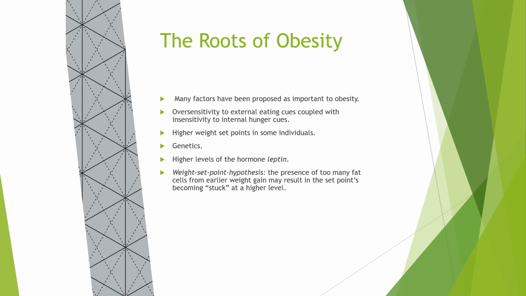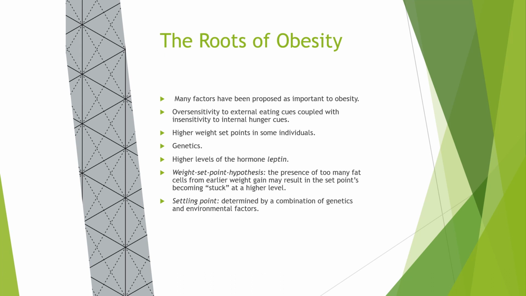Now, if we go back and we look at this weight set point hypothesis, this is showing that the presence of too many fat cells from earlier weight gain may result in the set point becoming stuck at a higher level. And so if it is stuck, even though you lost weight, you're going to try and get back up to that higher level that you were previous to losing weight.